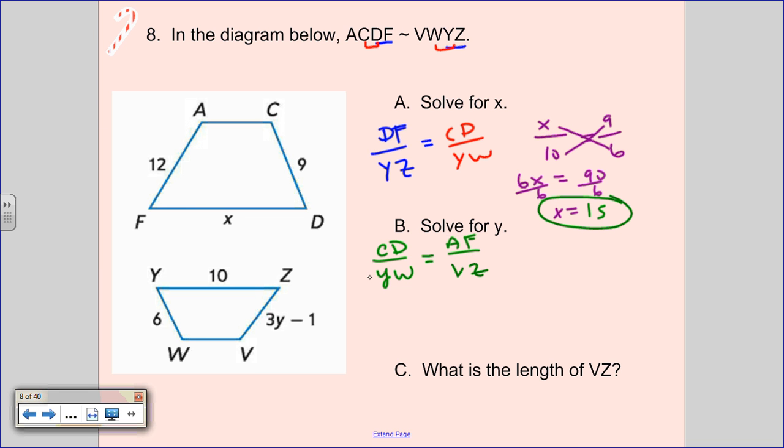So again, CD is 9, YW is 6, AF is 12, and VZ is 3y minus 1.